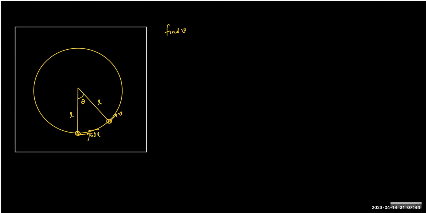I hope this is easy. Conserve the energy from A to P. You get the answer. Tell me the answer. How much is V coming? So once you throw with root 5GL, then every V is the minimum, no matter which one you choose.